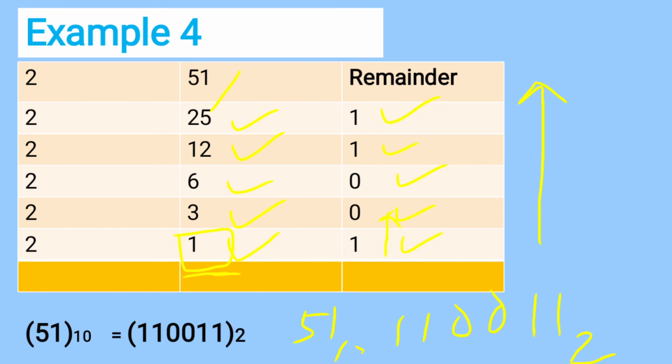And the binary equivalent of this is, so your answer at last will be 51 to the base 10 is equal to 110011 to the base 2.